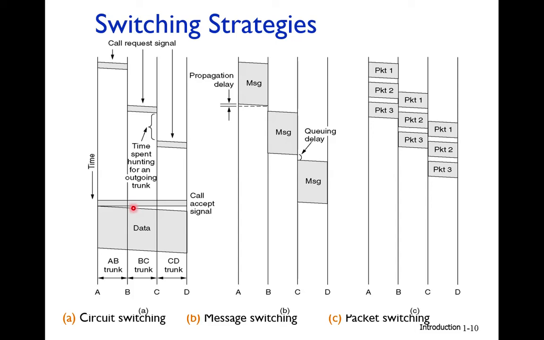But in circuit switching, as soon as the data is received, it is directly forwarded. Why? Because the path is reserved for communication from A to B. But here the path is not reserved. Each packet has the source address and destination address information.